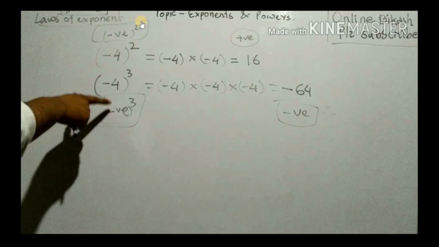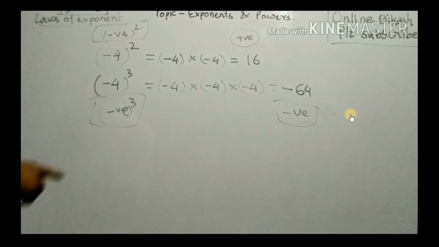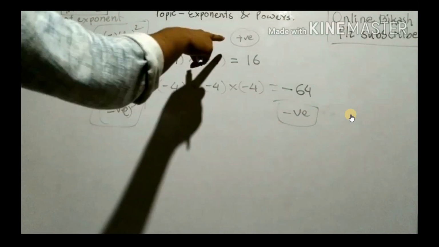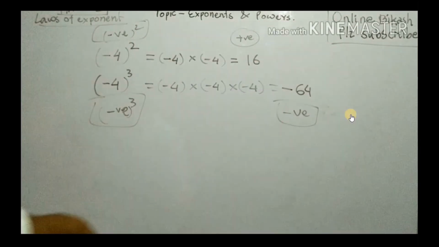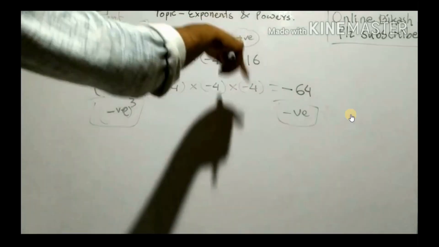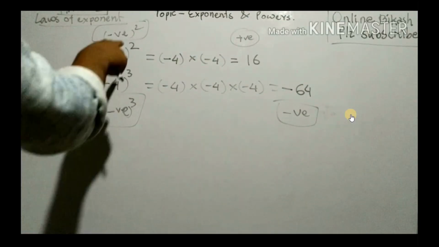So in this case, negative base and power squared, we got a positive answer. And in case of negative base and power 3, we have got a negative answer. You try to understand this. Whenever we have written 2, we have got positive, and whenever we have written 3, we have got a negative answer.